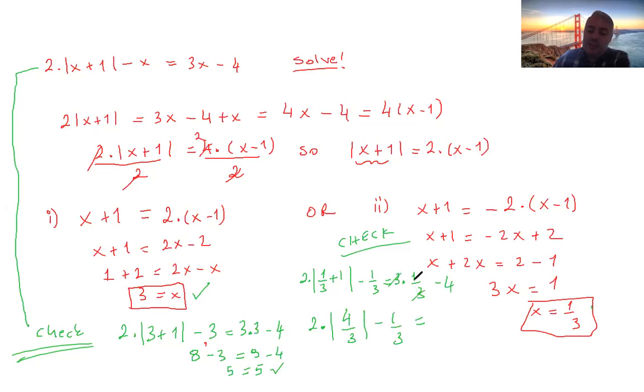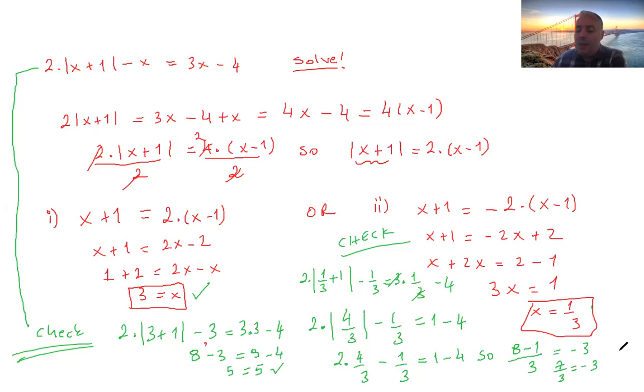This 3 and this 3 simplify. It will be 1 minus 4. So 2 times 4 over 3 minus 1 over 3 is equal to 1 minus 4. 2 times 4, 8, and this is 1, 8 minus 1. So 8 minus 1 divided by 3, since the common denominator, is equal to negative 3. So 7 over 3 is negative 3.